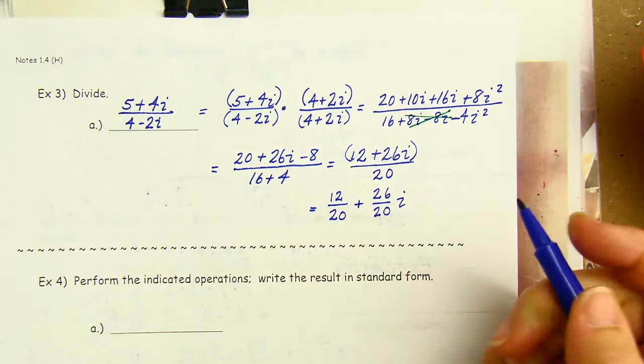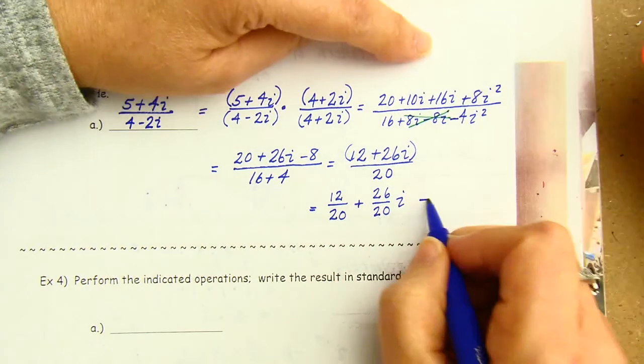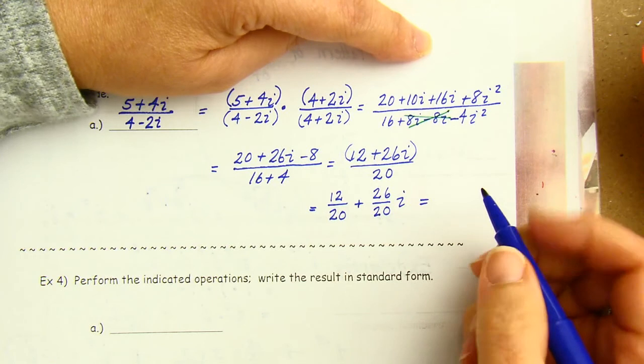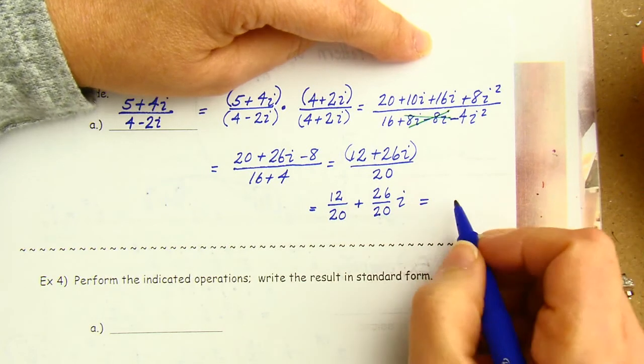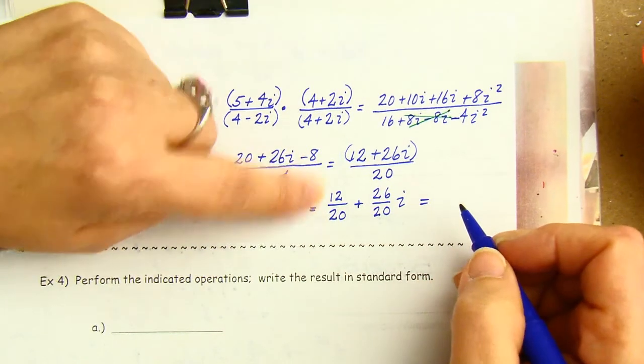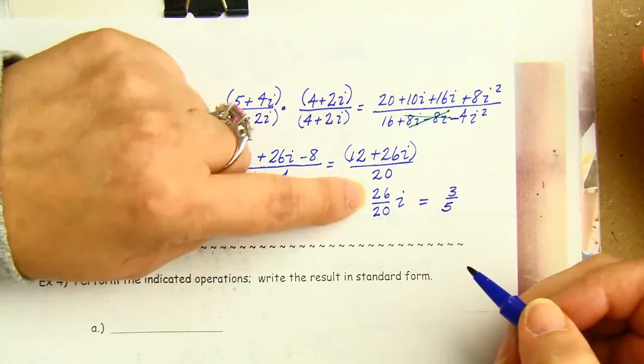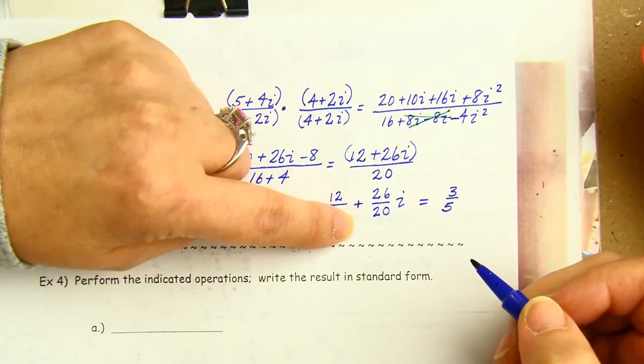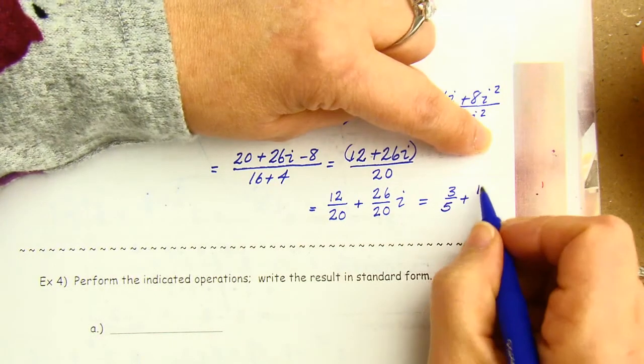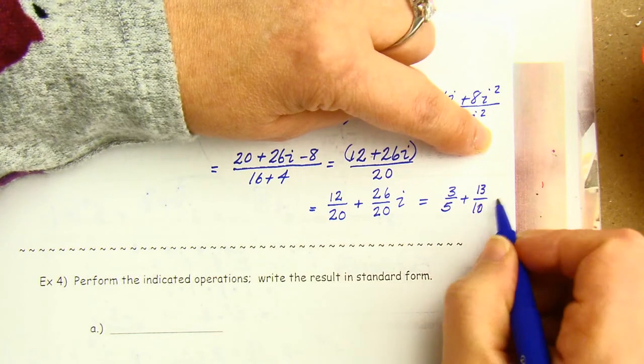Here's my a plus bi. And of course, you always simplify your fractions. 12 over 20, 4 divides each of those. That's 3/5. 26 over 20, they're both even, plus 13 tenths times i.